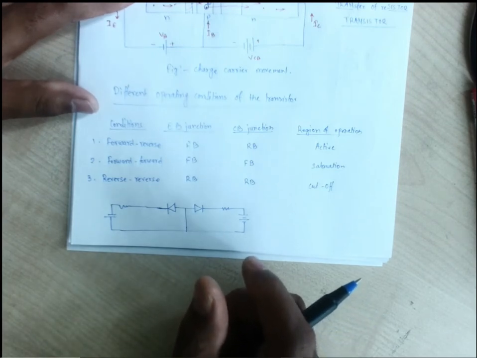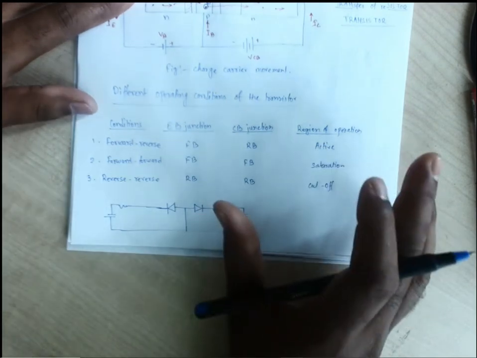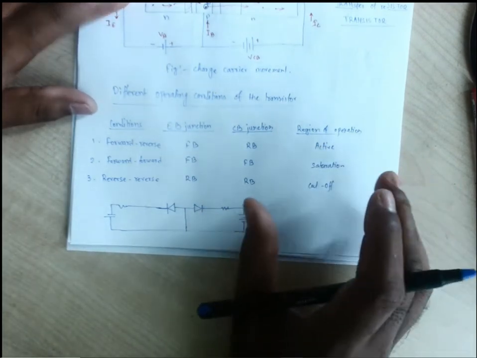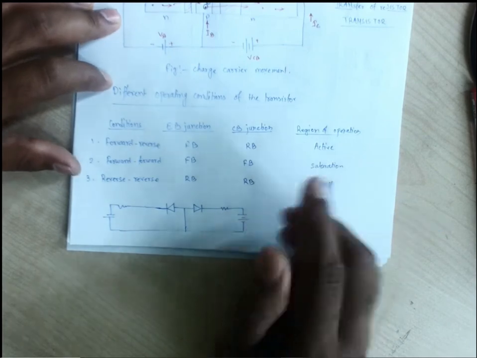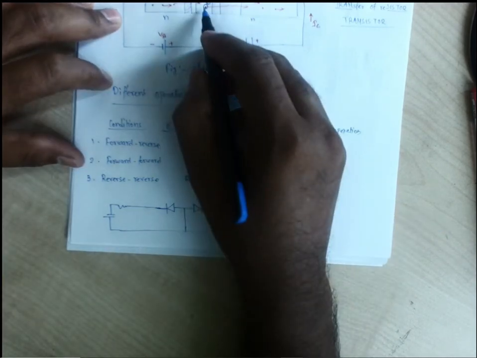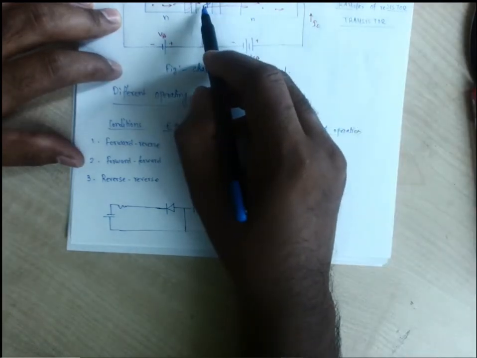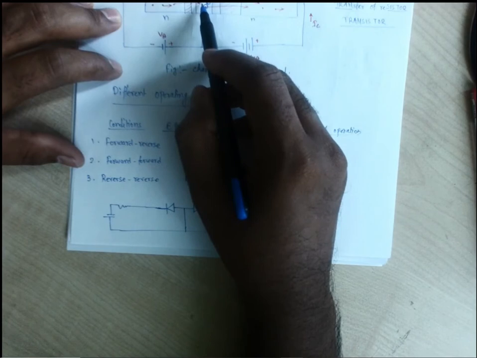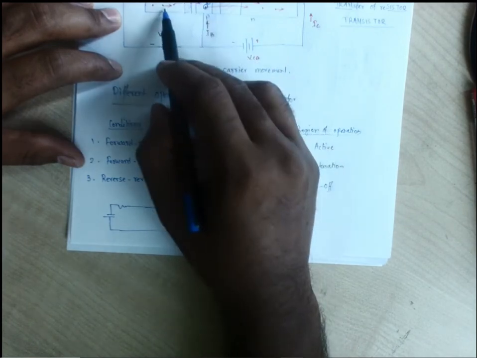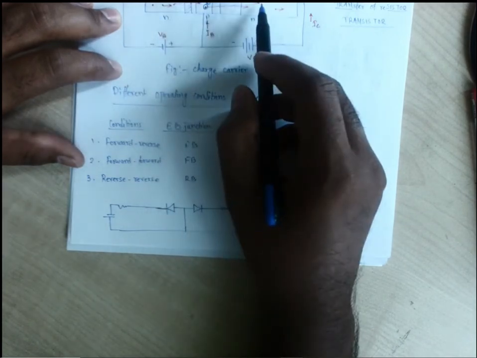The key of transistor action is the lightly doped thin base region. First of all, the lightly doped thin base region, then the heavily doped emitter and moderately doped collector.